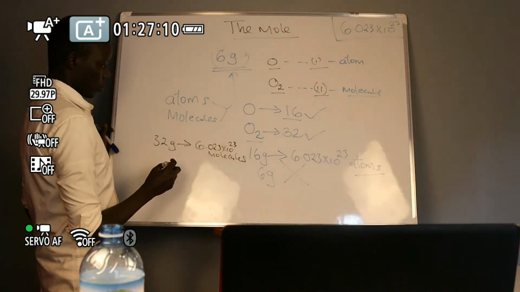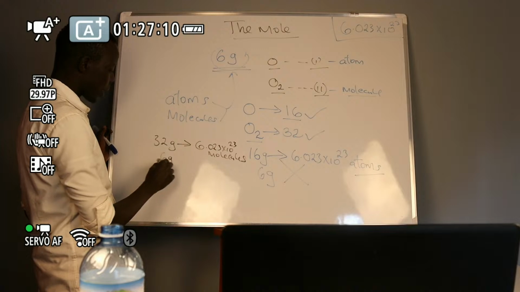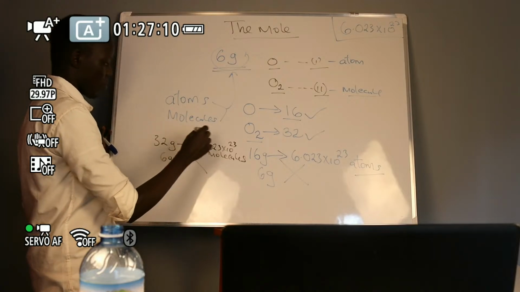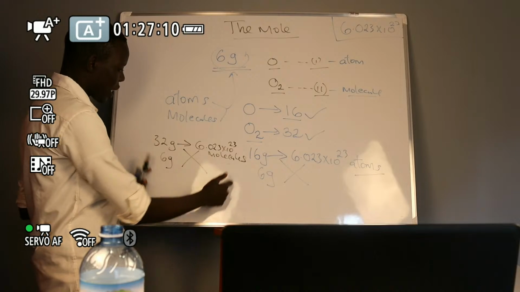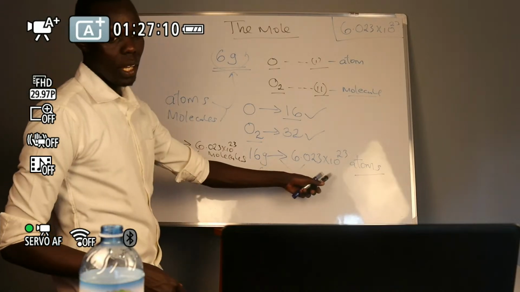What about tumeulizwa? Then you cross multiply. You will realize that the answer you will get here is half of the answer you will get here.